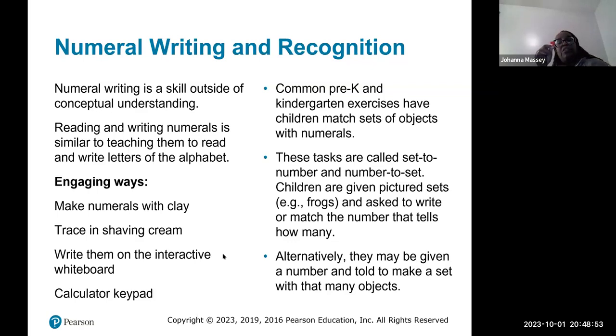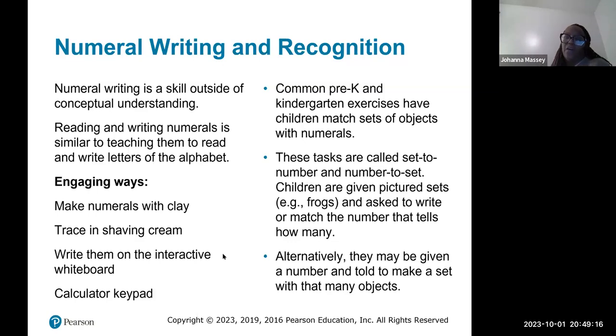They recognize this is 7, and they can pull out 7. I would tell them, look at this number, pull that many objects out, without actually telling them what the number is. Because if I tell them what the number is, then they're not recognizing the numeral.